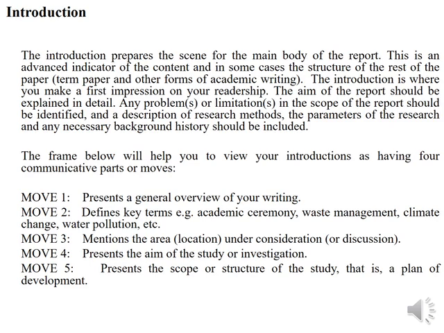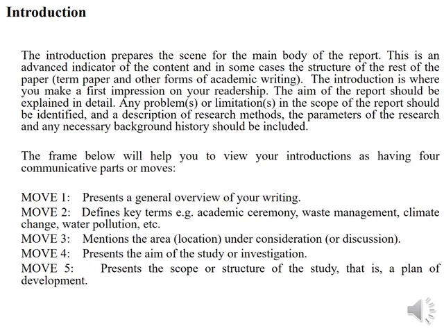The introduction is where we make a first impression on your readership. The aim of the report should be explained in detail, any problem or limitations in the scope of the report should be identified, and a description of research methods, the parameters of the research, and any necessary background history should be included.